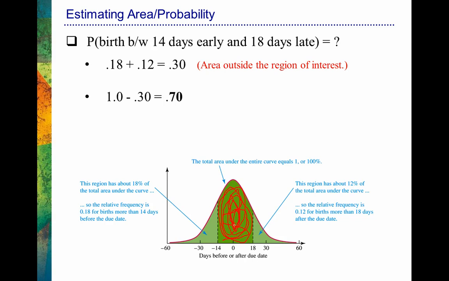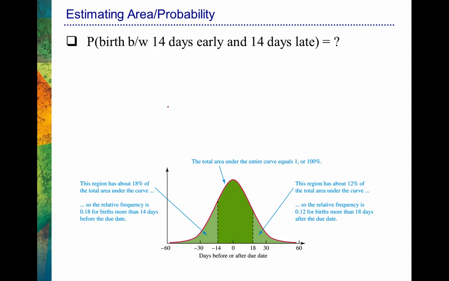That is our answer in terms of the probability. The probability of a woman giving birth between 14 days early and 18 days late equals 0.70. It's that straightforward. If we can compute the area underneath the curve of a normal distribution, we can compute the probability of scoring in that range.